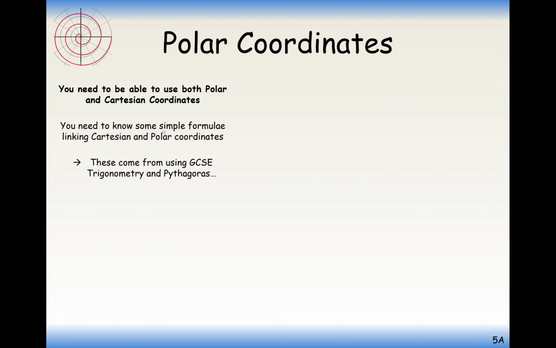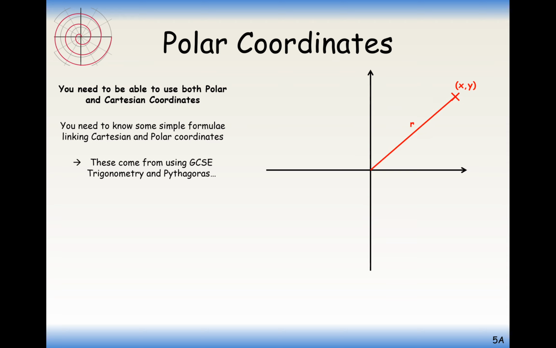So you need to know some simple formulae linking Cartesian coordinates and polar coordinates, and these come from basic GCSE trigonometry and Pythagoras knowledge. If we take this coordinate up here, the Cartesian coordinate (x, y), then the distance to that coordinate is r, and the angle of rotation from the positive x axis is theta. Then how can we link the letters x and y and r and theta together?